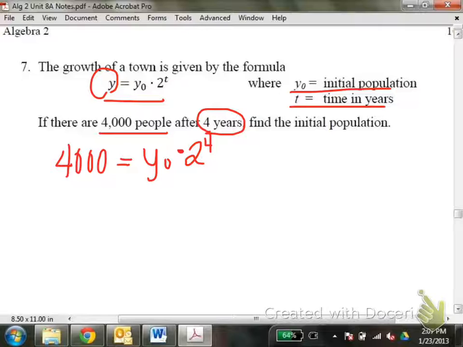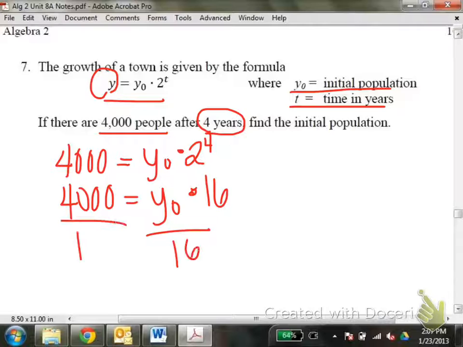Okay, so this is going to be 4,000 equals y sub 0 times what? What's 2 to the 4th? 16. And how do I get rid of that 16? Divide it. So y sub 0 equals 250. People, right?